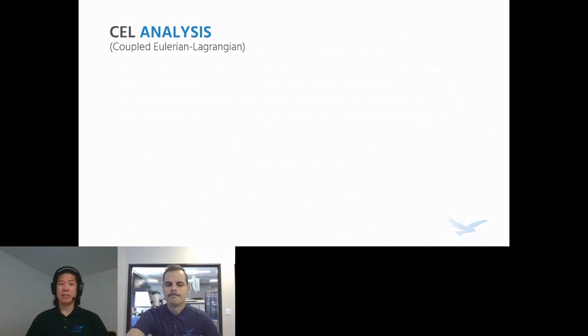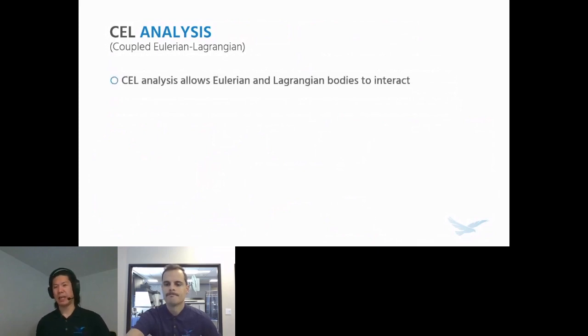The other technique here is CEL, or coupled Eulerian Lagrangian. Unlike ALE, we're not combining the two techniques on one part. Instead, we're going to have a purely Eulerian part, and purely Lagrangian parts, and then we're just going to have those interact with each other.